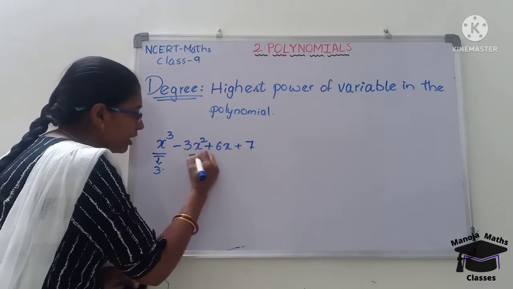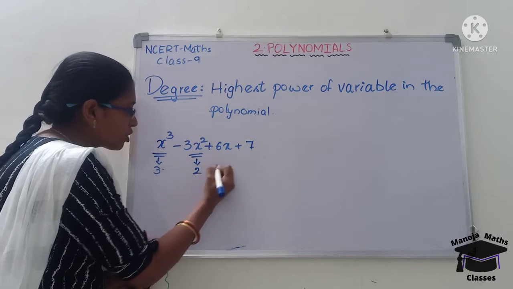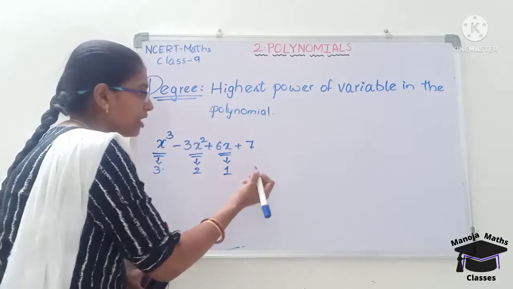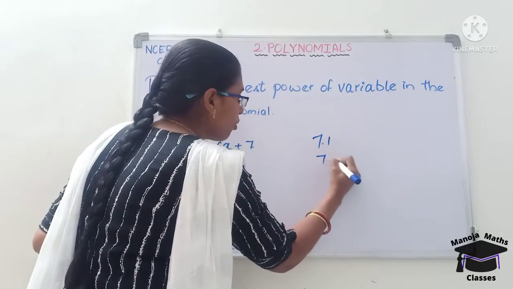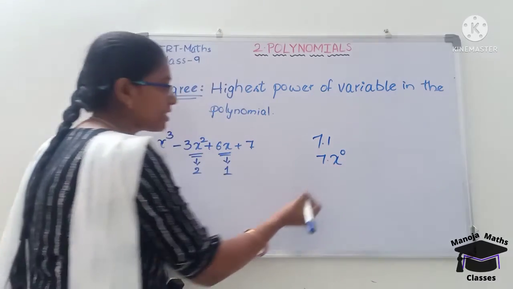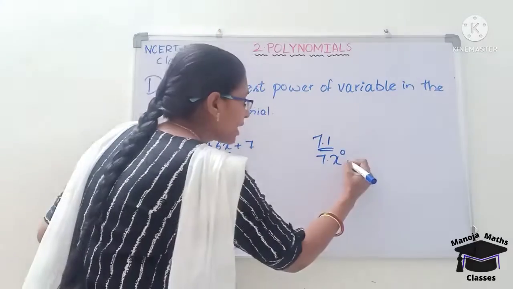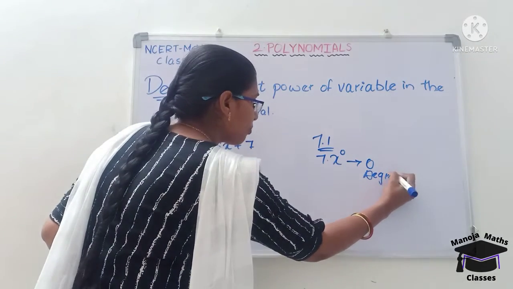In the term 3x square, the exponent is 2. And here, the exponent is 1. And 7 you can write as 7 into 1, and 1 you can write as x power 0. So for a constant, the exponent or degree is 0.